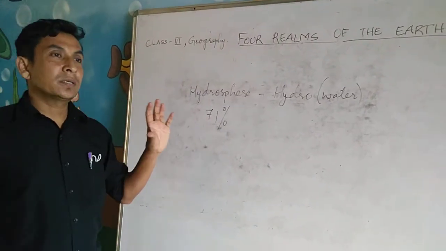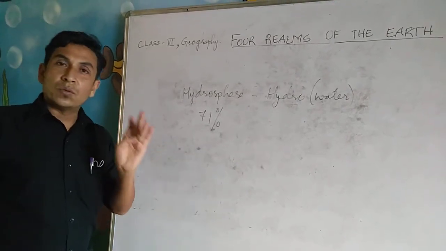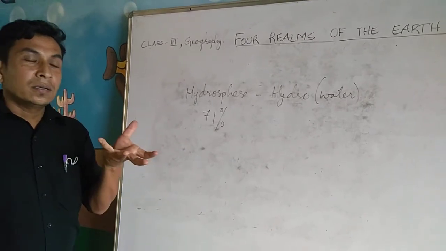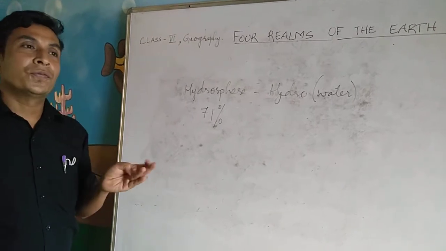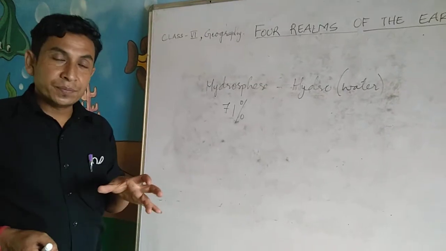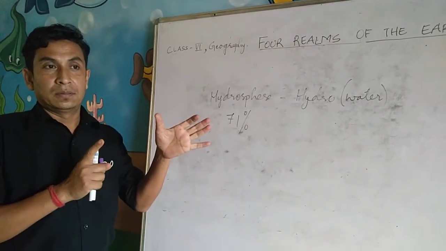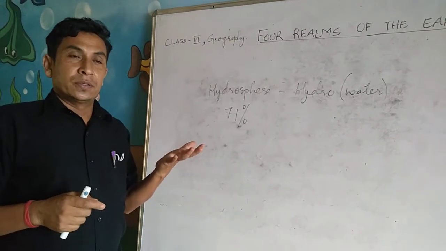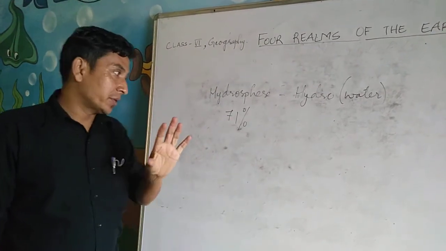Hydrosphere doesn't mean only the sea or ocean water, but altogether the availability of water in the form of large water bodies or streams or rivers or even water vapor. So collectively it is known as hydrosphere.